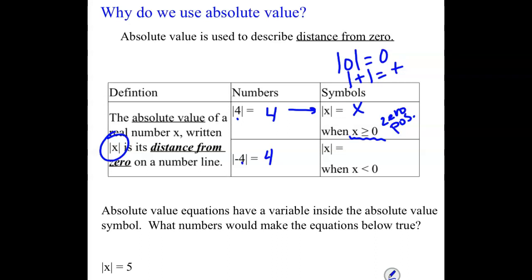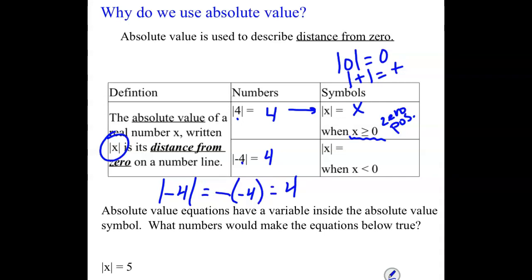But what happened when we were taking the absolute value of a negative number? How did it become positive? What did we do? So we counted how many spaces it was from 0, which if we're dealing with a variable is harder, right? But we basically took its opposite. Instead of a negative 4, we wanted its opposite, which is positive 4. Another way to write that, the absolute value of negative 4 is just the opposite of negative 4. Does that make sense?